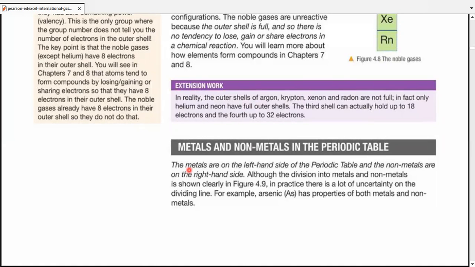That might be possible, but I haven't seen a reaction like that so far, not at least at this level or A levels. Displacement happens with metals and non-metals, and we say that more reactive metals can displace the less reactive ones, or more reactive non-metals can displace the less reactive ones.